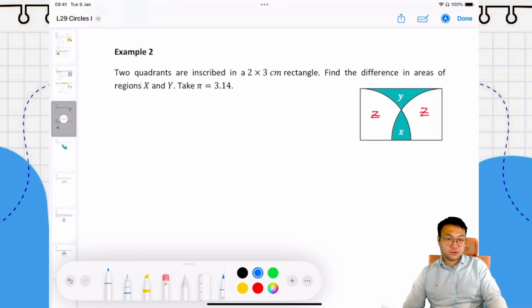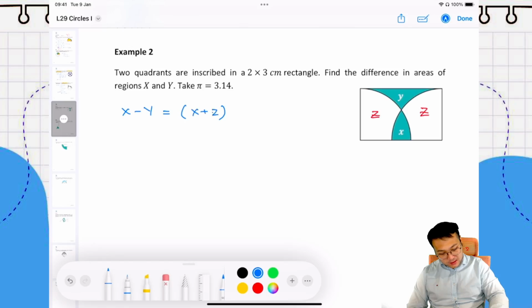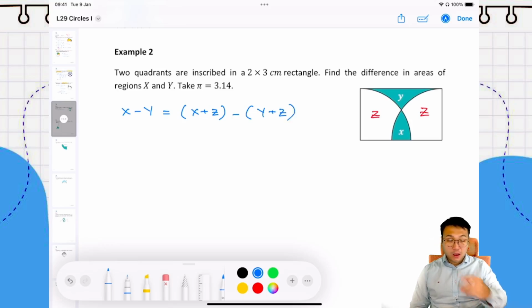So students, if you look here, do you notice that they want you to find the difference between x and y? What they want you to find is x minus y. Now, would you agree with me if I say that x minus y is equal to x plus z minus y plus z? Right?